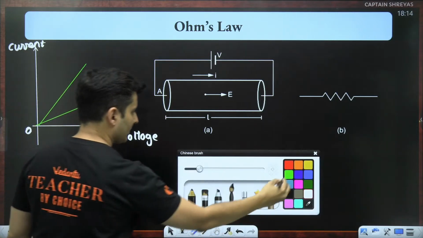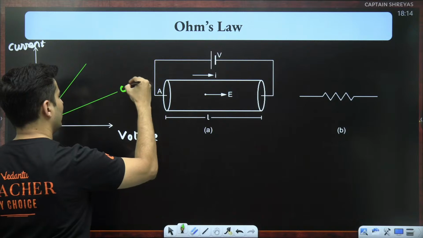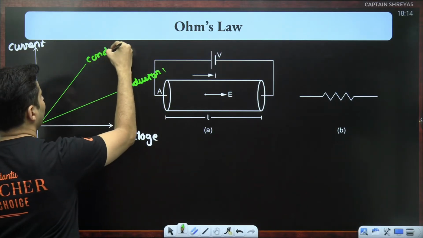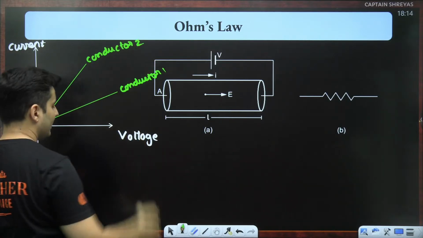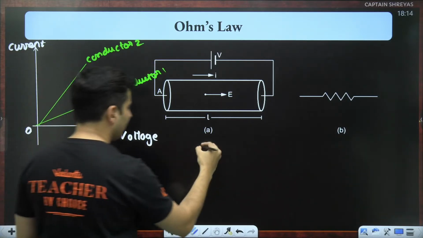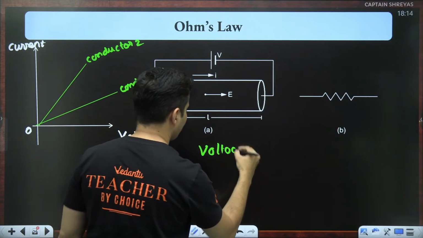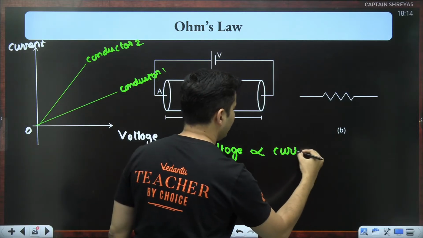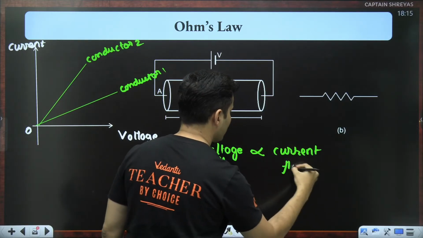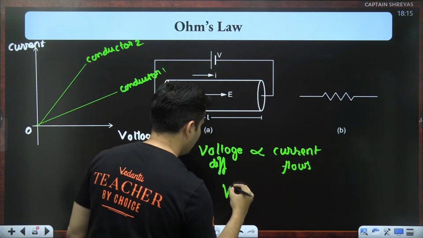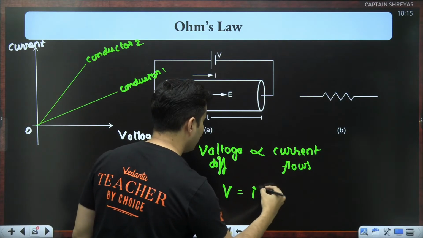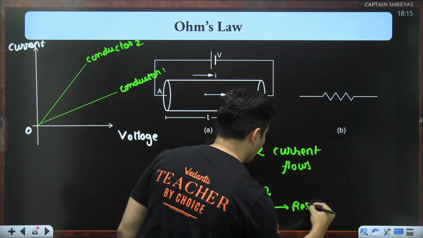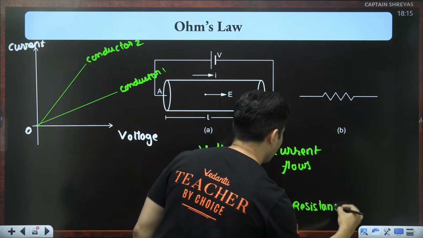For conductor 1, for conductor 2, etc. So for these conductors, the voltage difference was directly proportional to the current which flows through it, and that constant of proportionality was called R, which is nothing but your resistance.